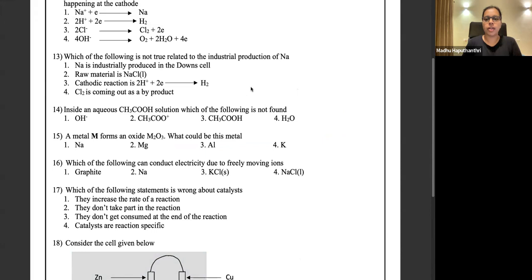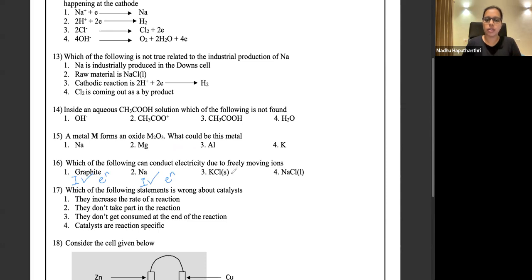How come graphite conducts electricity? That is because of the freely moving electrons. Sodium, it's a metal, can conduct electricity. That is once again because of the freely moving electrons.